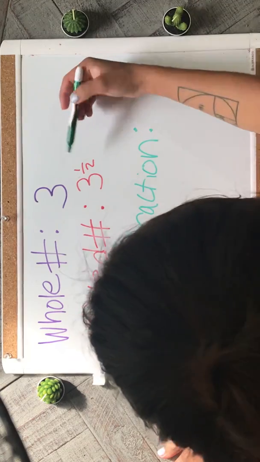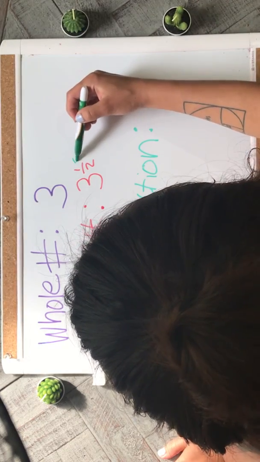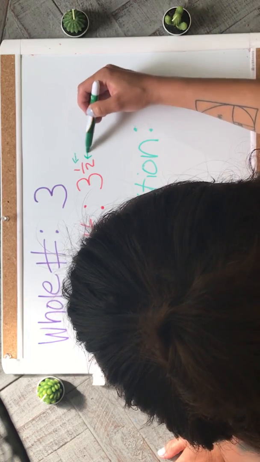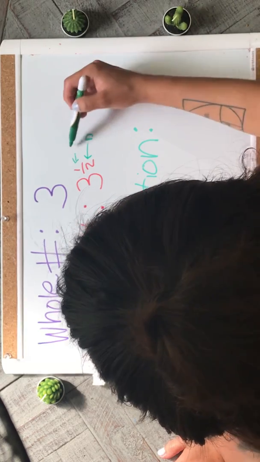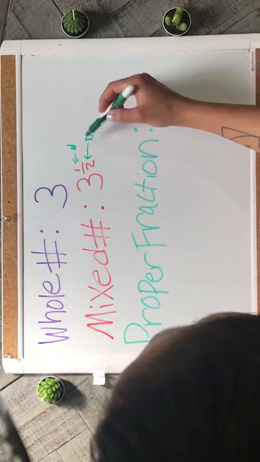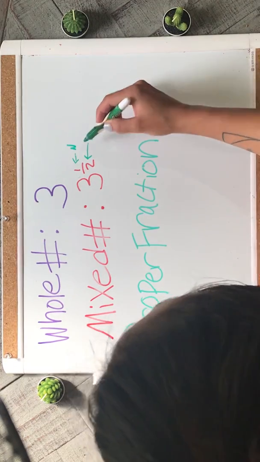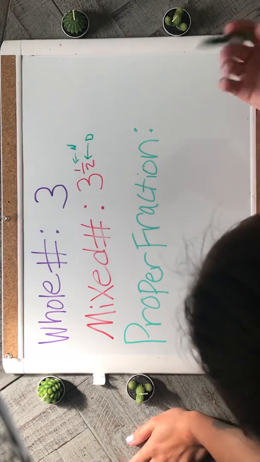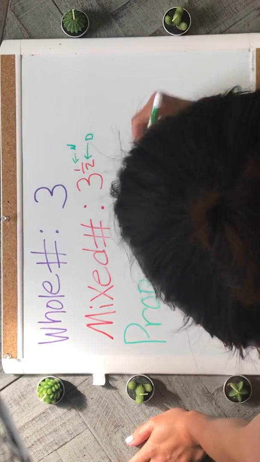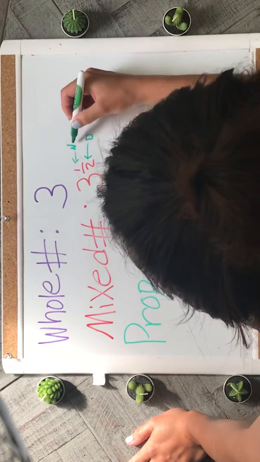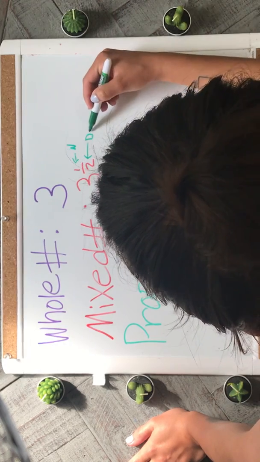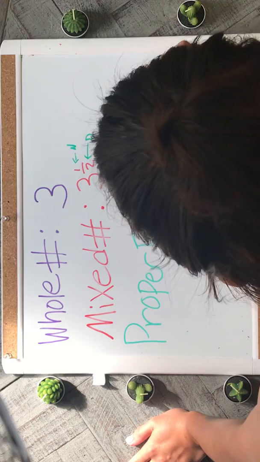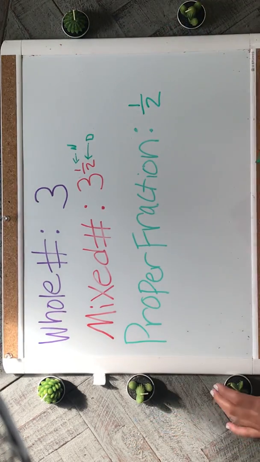So when your numerator, right here, the top number is your numerator, is smaller than the denominator down under, is how I like to remember that one. Your denominator is down under. Numerator is up top, number 1. Okay, that's how I like to think of that. So proper fraction is when that numerator is smaller than that denominator. So this 1/2 is in fact a proper fraction.